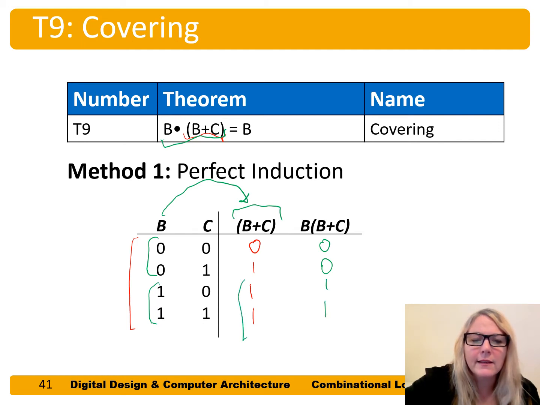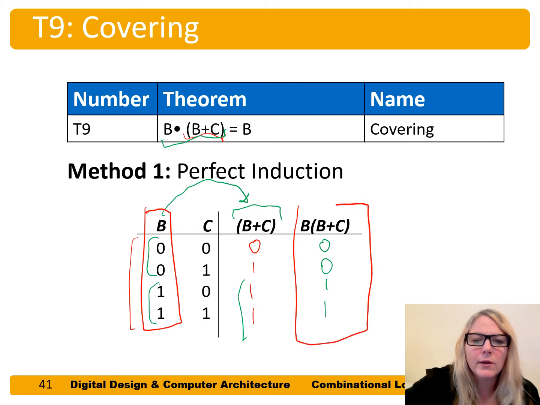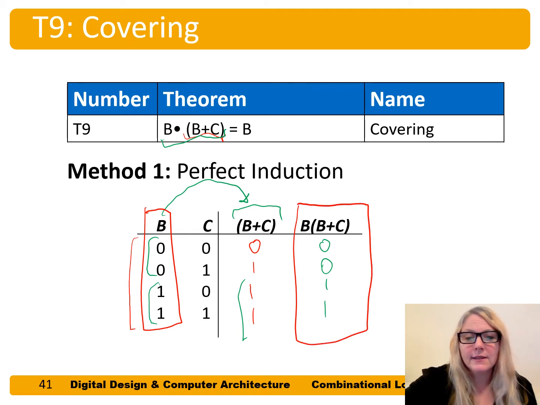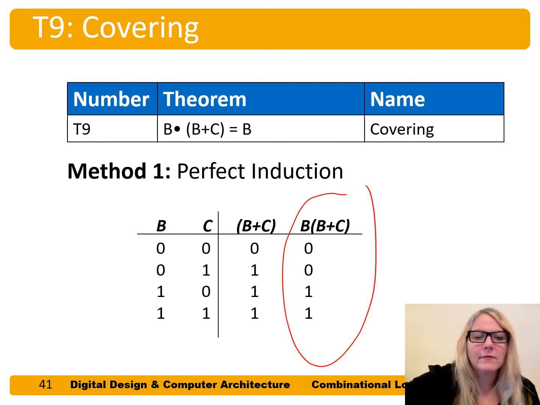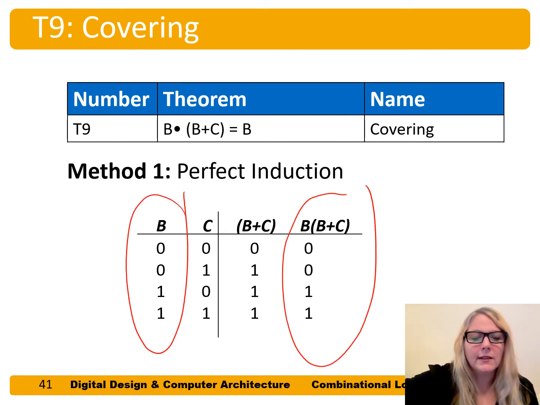We can see that this column B is exactly equal to B and (B or C). So B and (B or C) is in fact just equal to B for every possible combination of B and C. And so we've proven by perfect induction, or proof by exhaustion, that this theorem is in fact true.